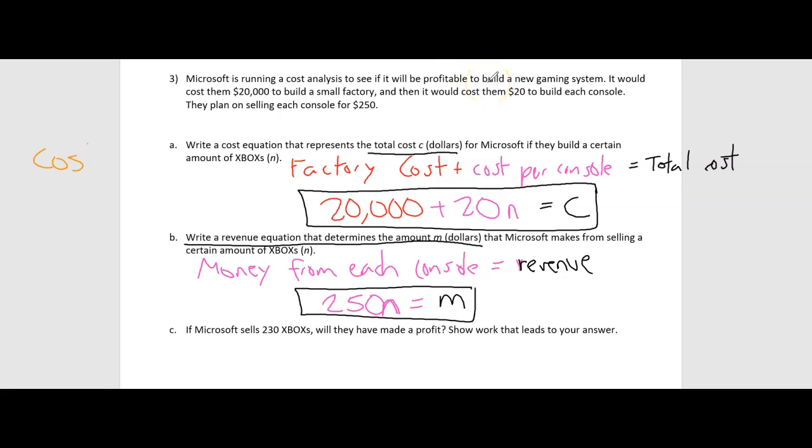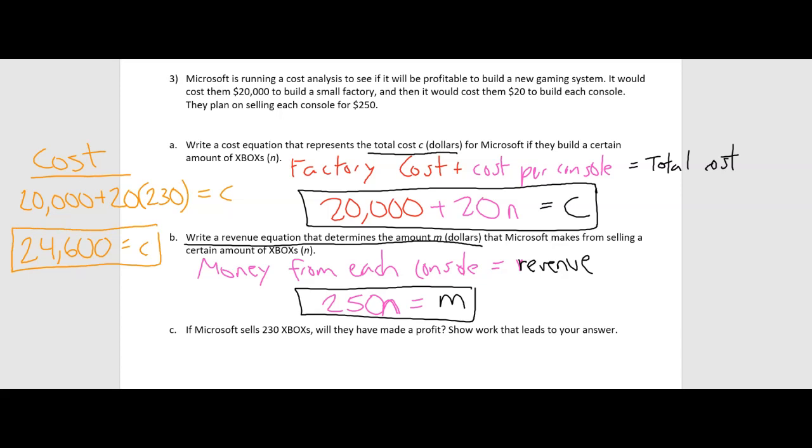We'll put our cost over here. So 20,000 plus 20 times 230, right? Because they're telling us that they are going to produce 230 of these Xboxes. Well, if I simplify the left-hand side of this equation, I get 24,600. So that is the cost of producing 230 Xboxes.